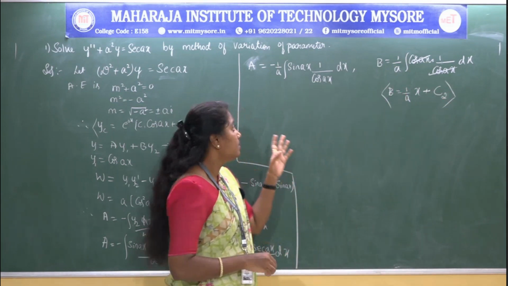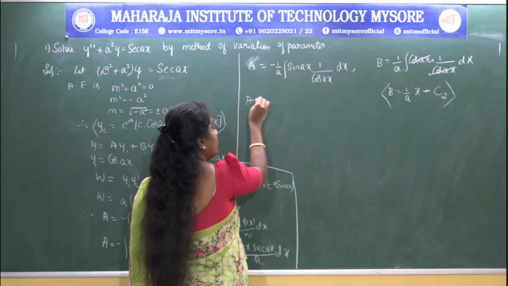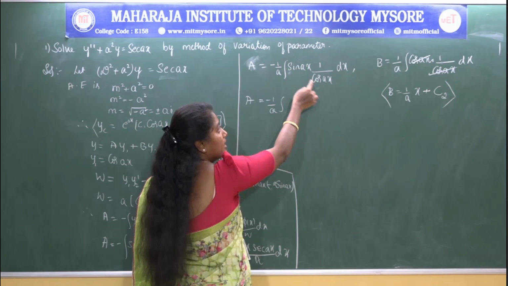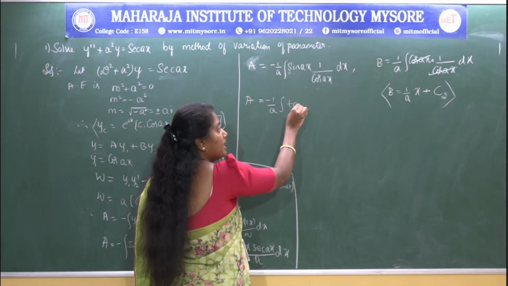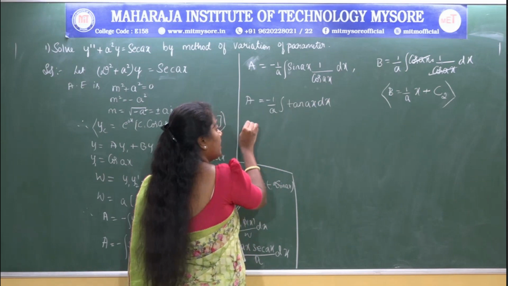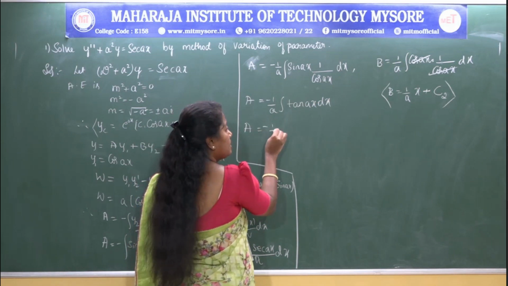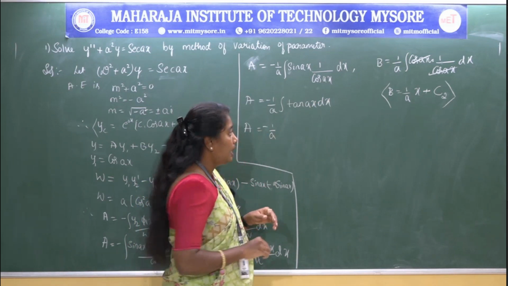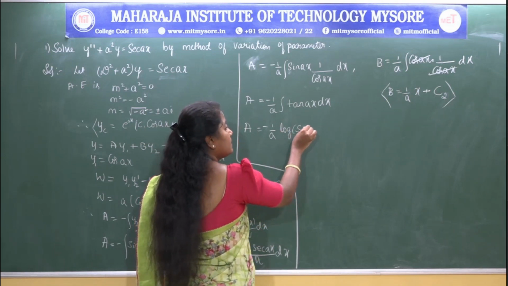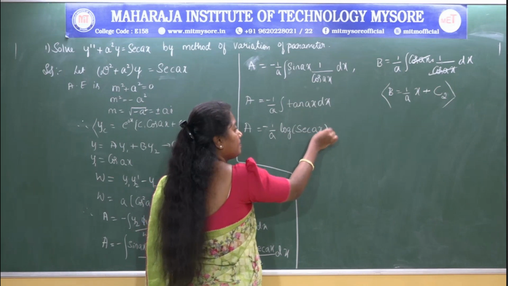Now for the first term, we have A is equal to minus 1 by a, sin by cos. The value of sin by cos is tan ax with respect to x. Then A is equal to minus 1 by a, integration of tan x is log of secant ax.